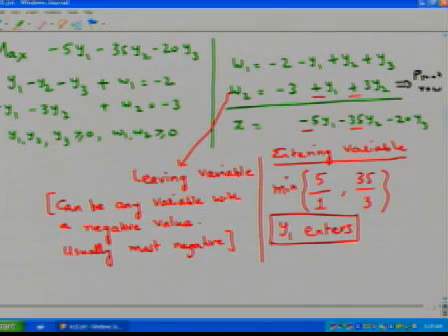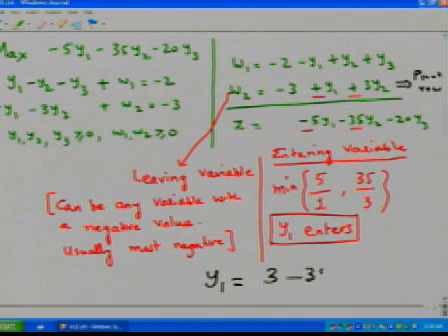So we would start with a pivot row, express Y1 in terms of the new non-basic variables, which are W2 and Y2. Okay. So given this, you would say Y1 equals 3 minus 3Y2 plus W2.